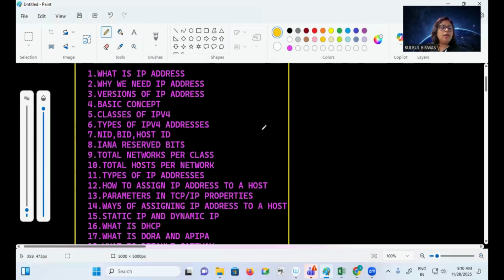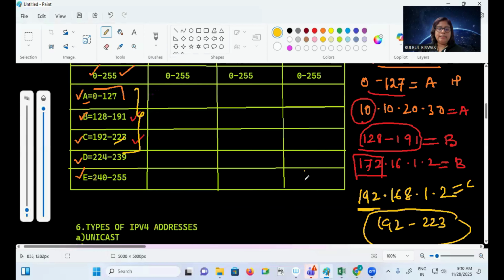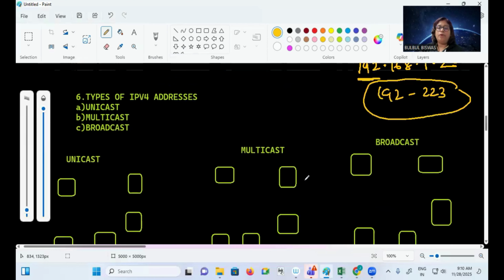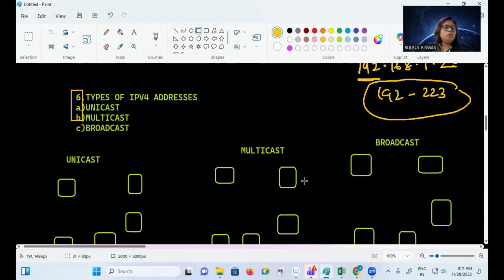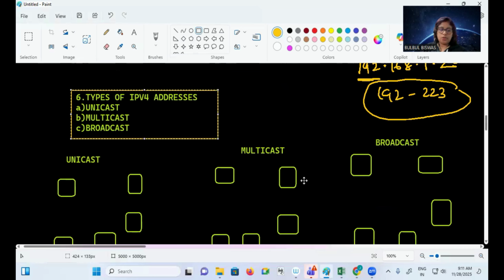You can see over here, that is point number 6. I have mentioned types of IPv4 address. This IPv4 address is categorized in 3 ways. What are those? Those 3 are nothing but based on 3 types of communication.